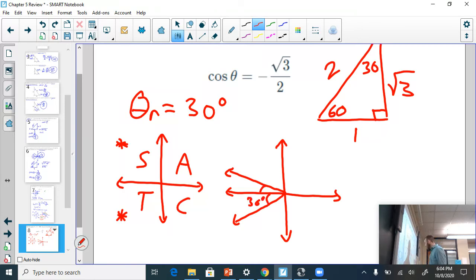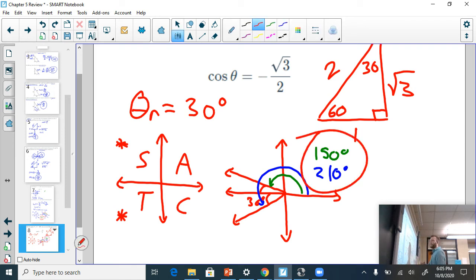And so all the way around here, I'm going to go 180 degrees and then take away 30, or 150 degrees. And then if I go all the way around here, I'm going to go 180 degrees plus another 30 degrees, or 210 degrees. All right, and those will be the two answers that Delta Math will want.